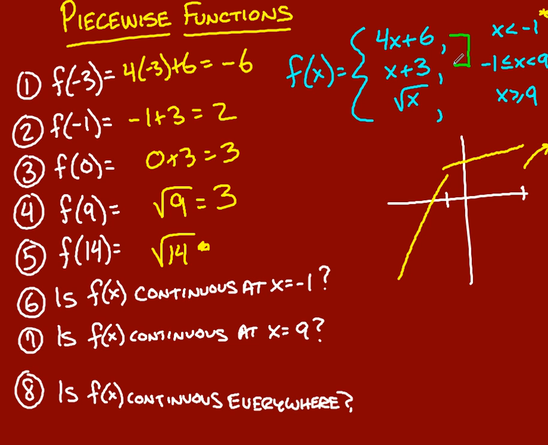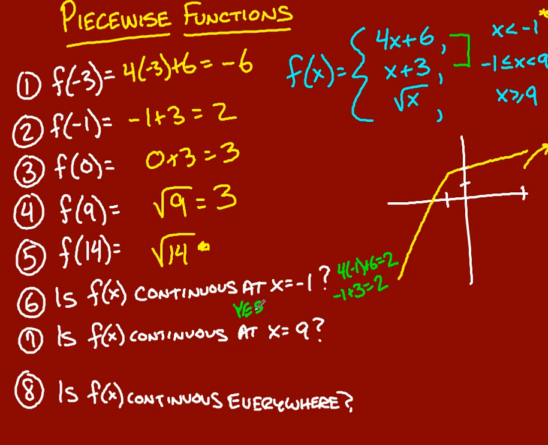If I plug in -1 into the top function, 4 times -1 plus 6, we get a value of 2. If I plug in -1 in the bottom part, -1 plus 3 also equals 2. So as I plug in -1 for both sections, I get the same y value, which here is 2. That means that, yes, it is continuous at that point.